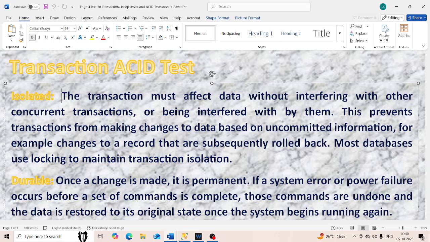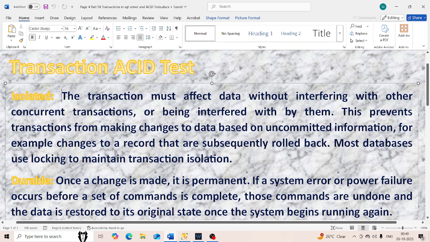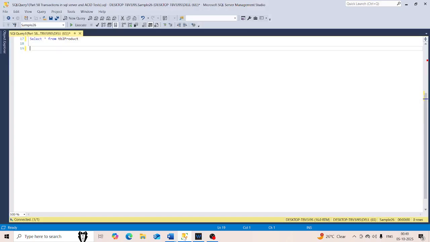Let's see how a transaction achieves isolation. I have this table tblProduct, so go to SQL Server Management Studio.